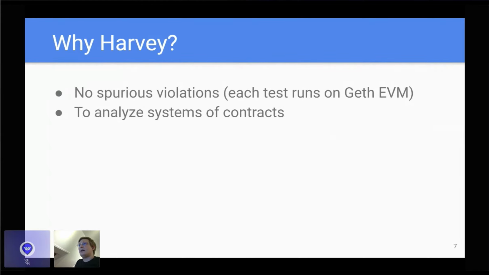In addition, it allows you to analyze systems of contracts, unlike other tools I mentioned earlier that mostly focus on a single contract. And it's very robust. We've been developing it since September 2017.